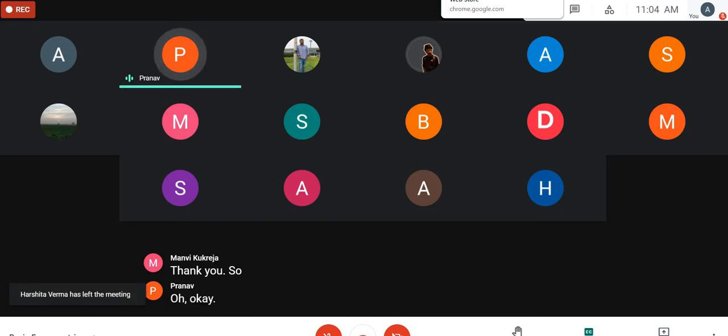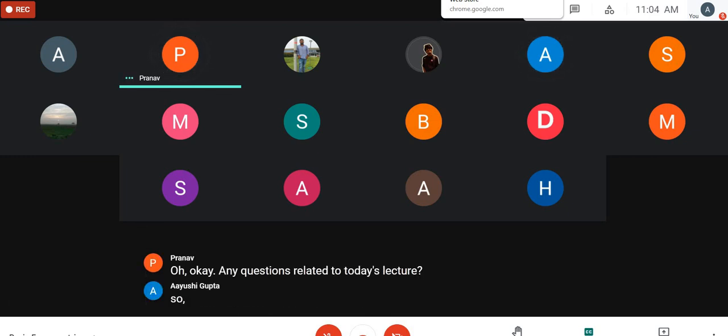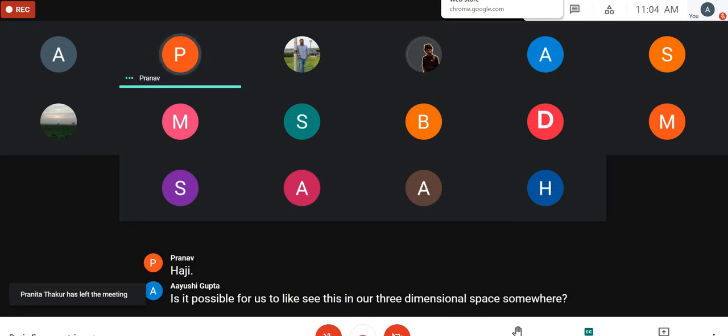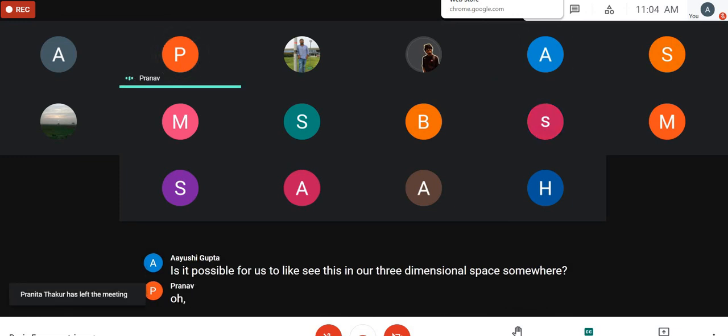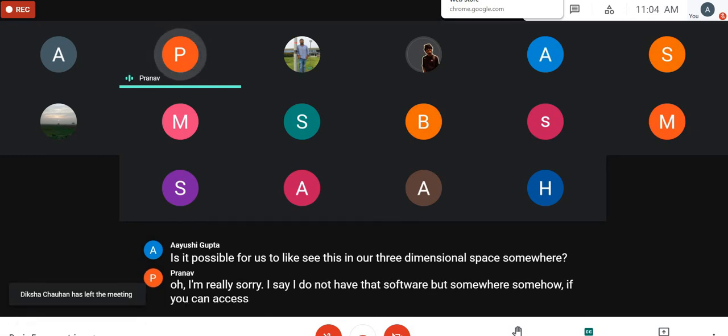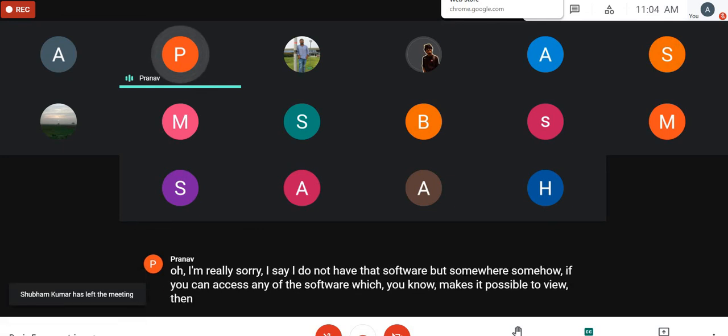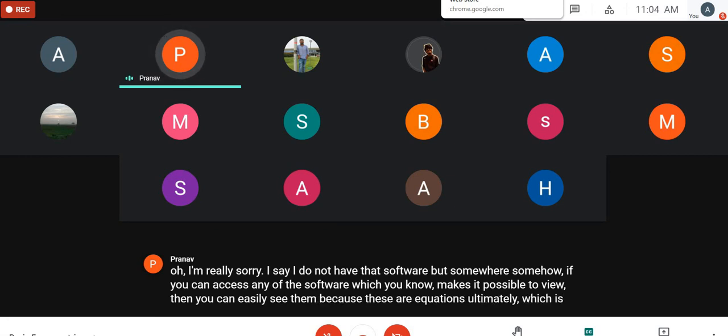Any questions related to today's lecture? Sir, is it possible for us to see this in a three-dimensional space somewhere? I'm really sorry, Ayushi, I do not have that software, but if you can access any software which makes it possible to view them, then you can easily see them, because these are equations of more than 2 dimensions.